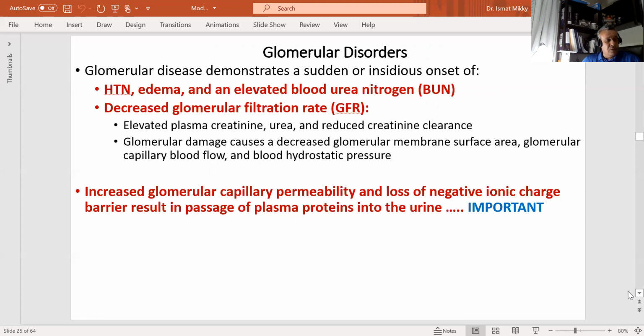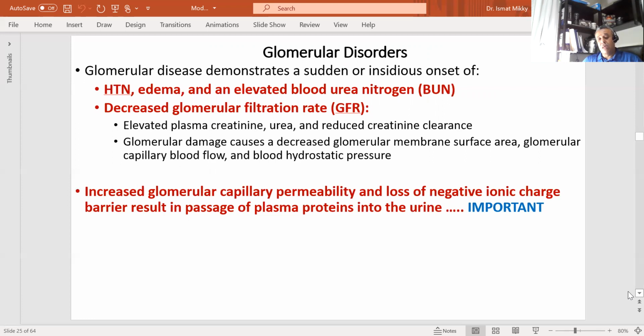That would result in a significant loss of protein in the urine and passage of plasma protein into the urine, which means the patient's plasma protein will be decreased, which is called hypoalbuminemia.